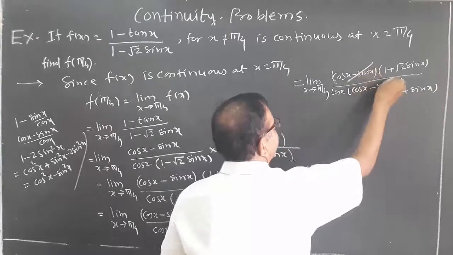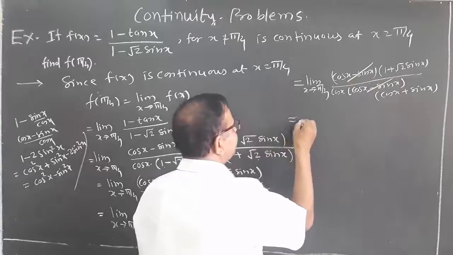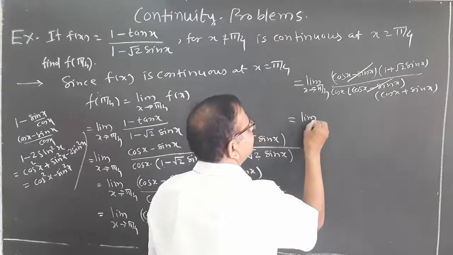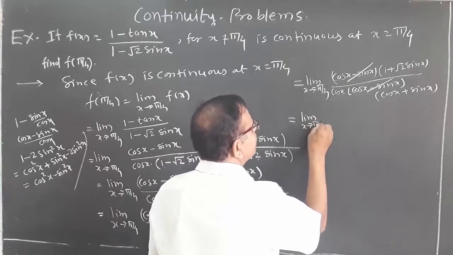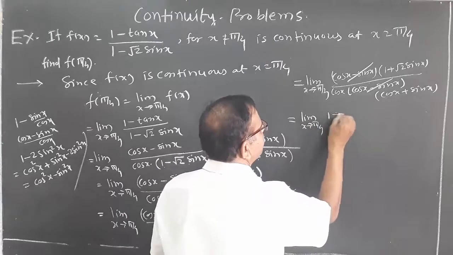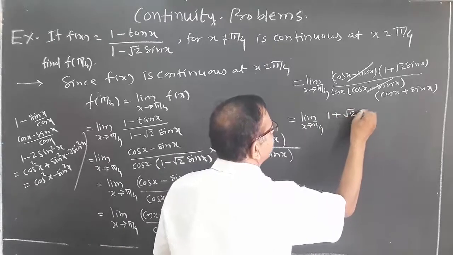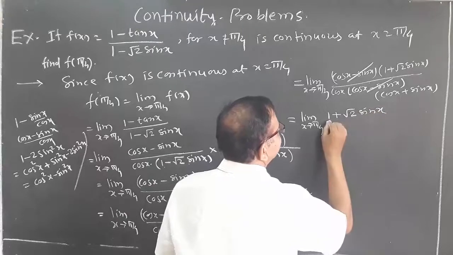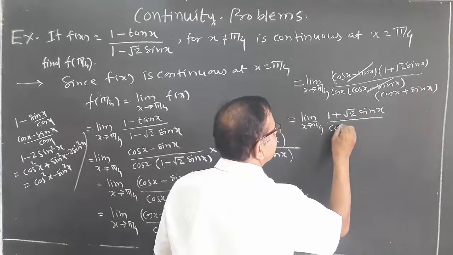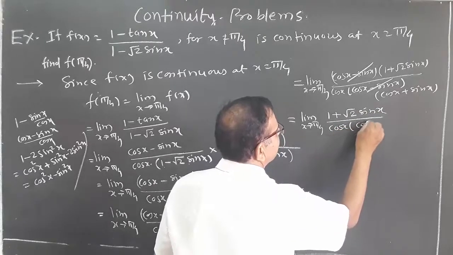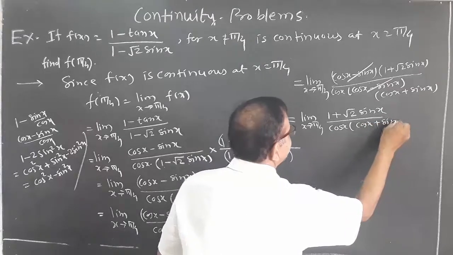One factor cos x minus sin x gets cancelled, and that can be written as limit x tends to pi by 4 of 1 plus root 2 sin x divided by cos x into cos x plus sin x.